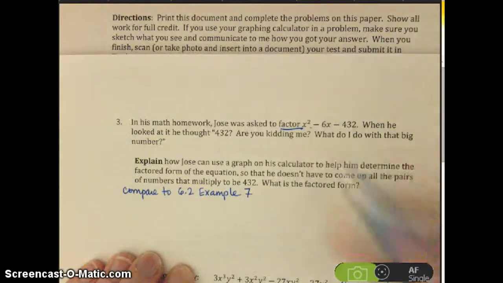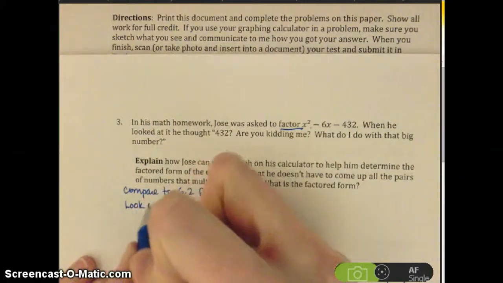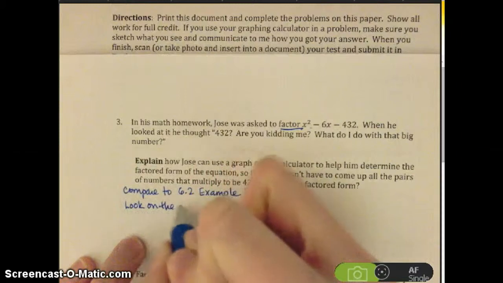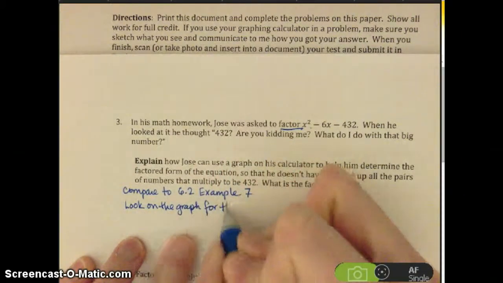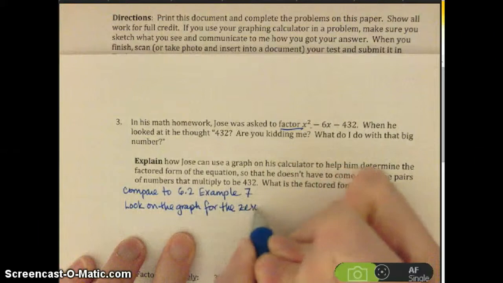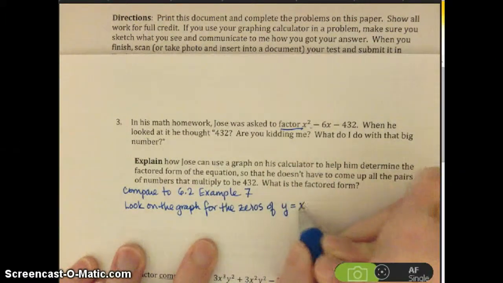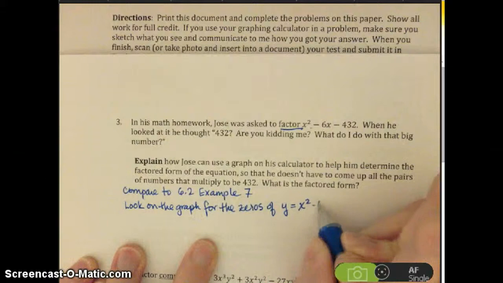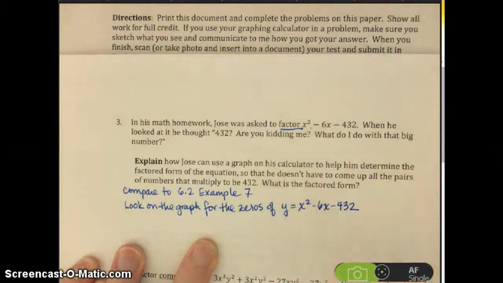Okay, so what we're going to do is look on the graph for the zeros of this polynomial, x squared minus 6x minus 432, and then we'll think backwards about the zero product principle.